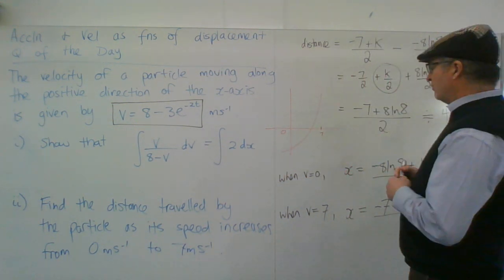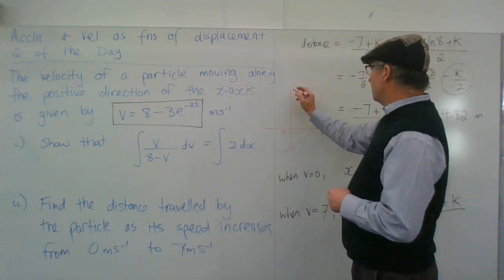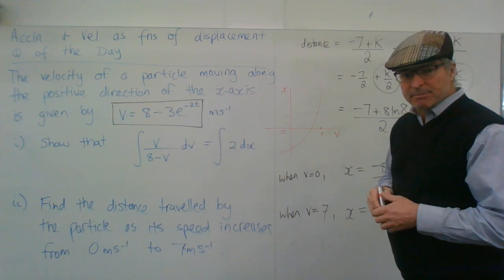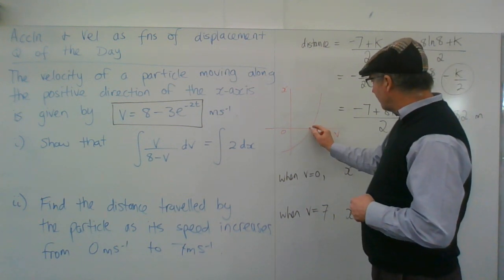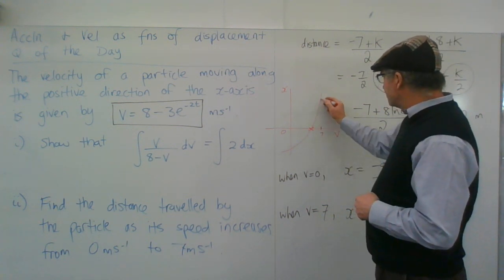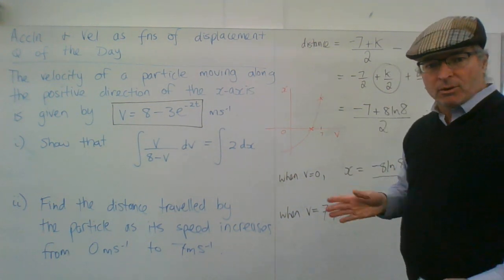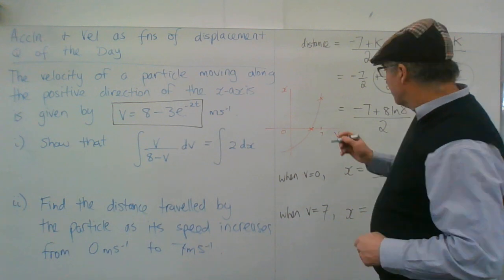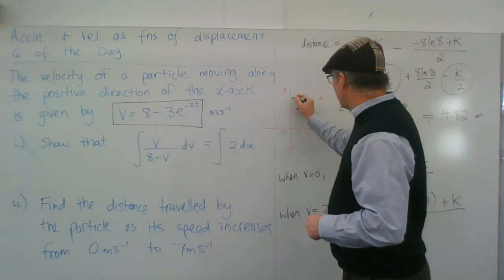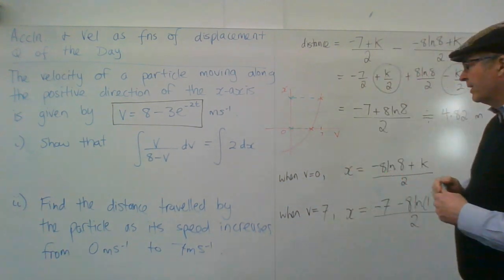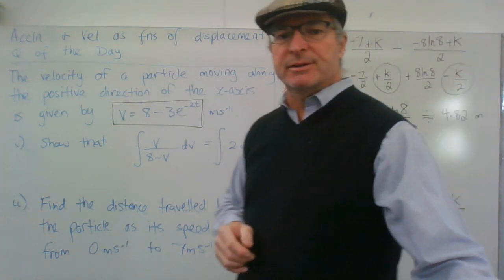This is velocity, and this is displacement, and we found that from 0 up to 7, the velocity is always increasing. So there was the displacement at that point, and there was the displacement at that point, and we can find the difference.